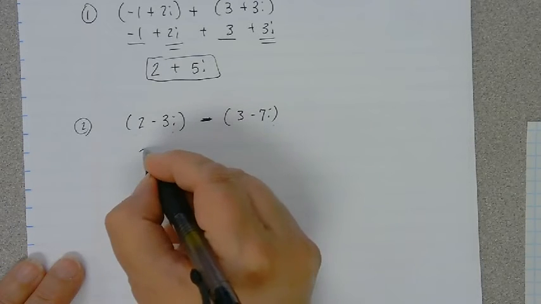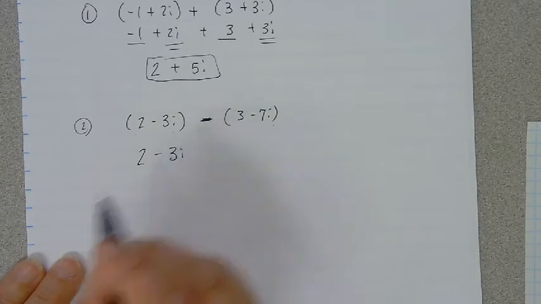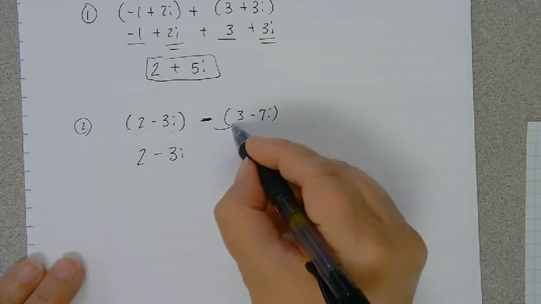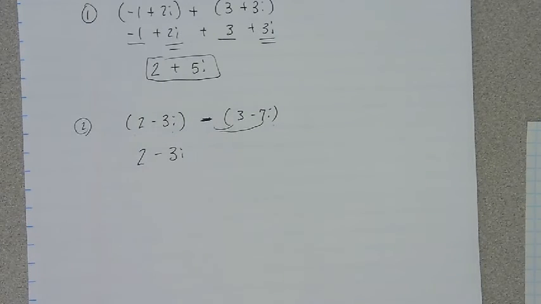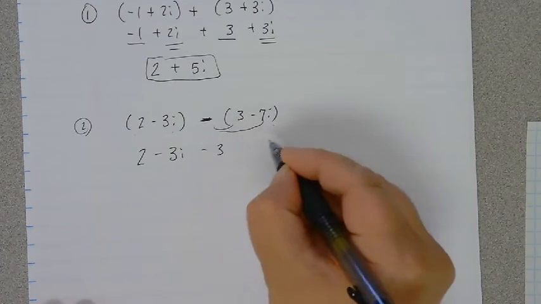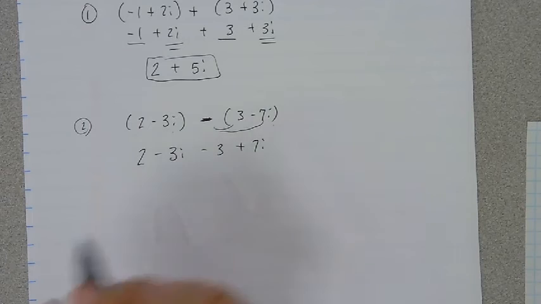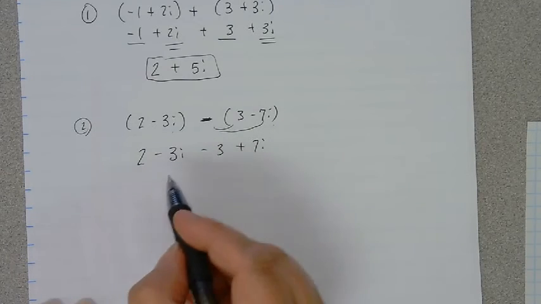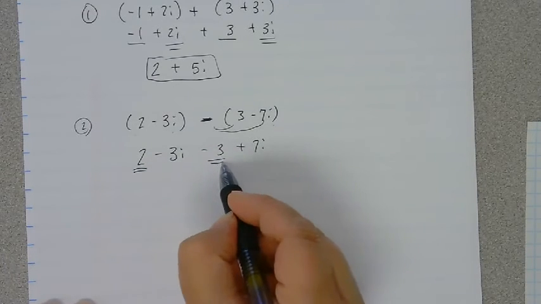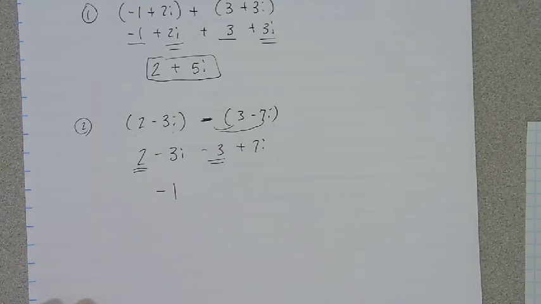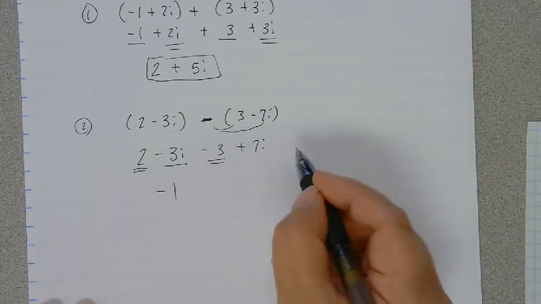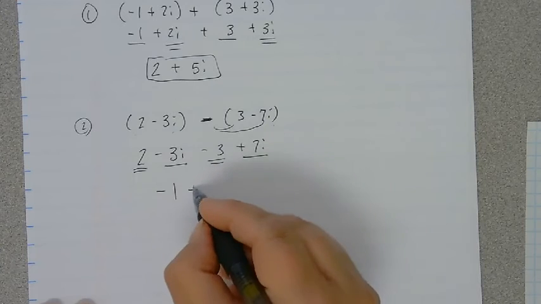So the first expression is going to stay the same, but this second expression, I have to change the sign of everything because I have to distribute the negative sign. So this becomes minus 3 plus 7i. Now I'm going to go through and look for my like terms. I have a positive 2 and a negative 3. That's negative 1. And then negative 3i and positive 7i makes plus 4i.